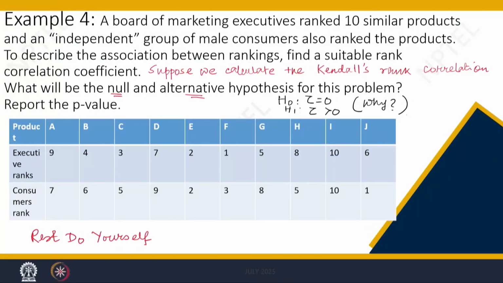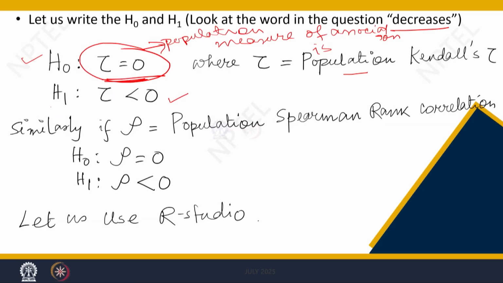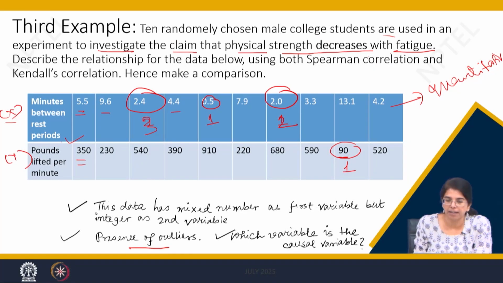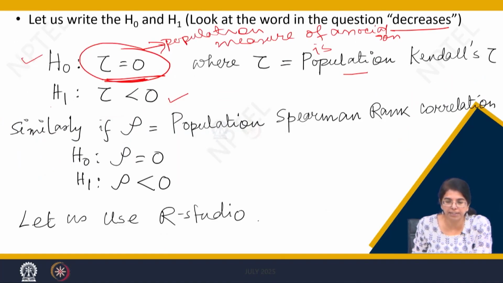What was your question? Your question was, what will be the null and this thing? This is example 4 and we were doing example 3. So physical strength decreases with fatigue. Your alternative hypothesis is yes, physical strength decreases with fatigue.